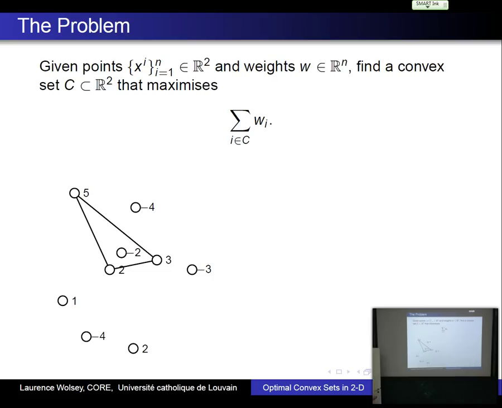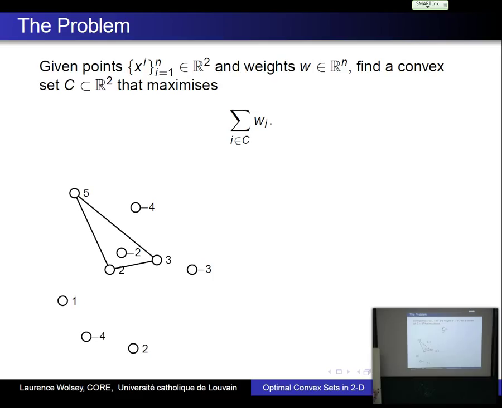And here's a convex set. The weight attached to this convex set is 5 plus 2 plus 3 plus minus 2. It's not the optimal set, because you could throw in this point as well, and then we could get a bigger value. But we can maximize or minimize as you like. So that's the problem.